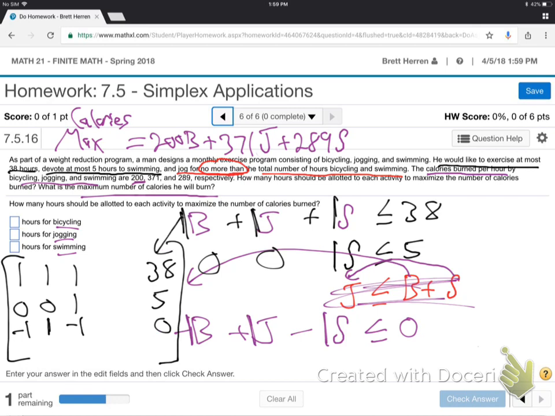Everybody good? So this one, this one, this one. And then what goes on the bottom? This guy, the maximum one, always goes on the bottom, doesn't it? How are we doing? Am I moving ahead of you here? I want to make sure you're getting the hang of this stuff.